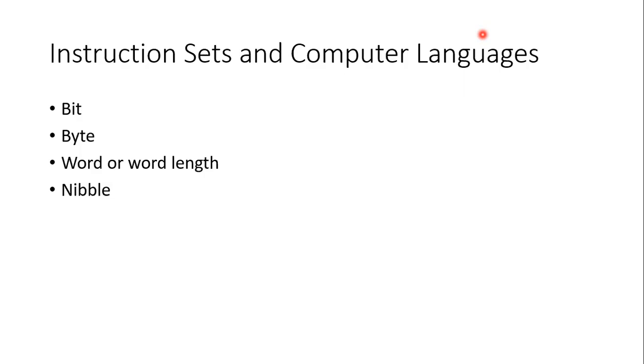The word, or normally we call it word length, is defined as the number of bits that a microprocessor recognizes and processes at a time. For example, we say a 16-bit computer, a 32-bit computer. That means 32-bit means the computer recognizes and processes 32 bits at a time.